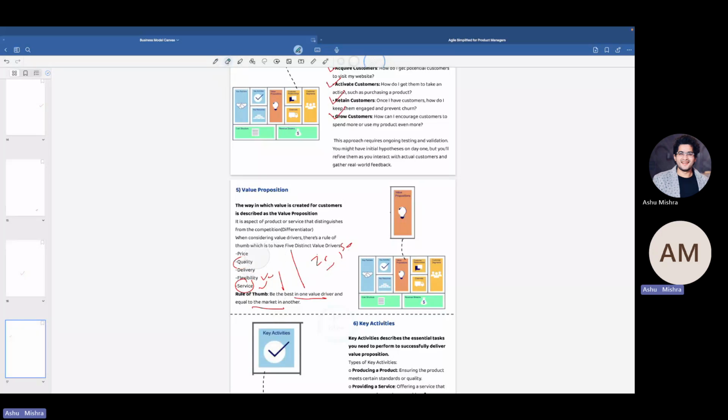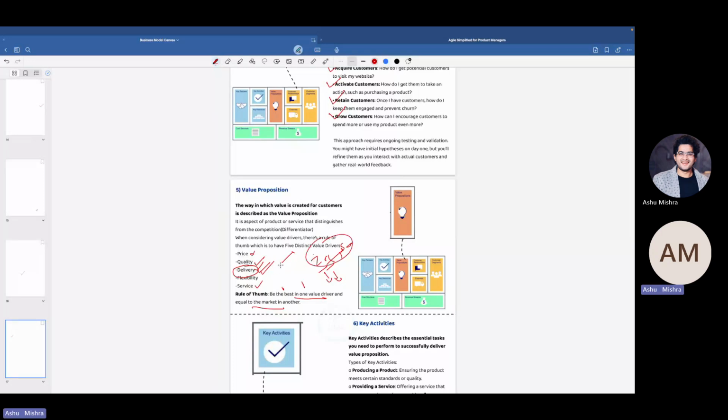Their value driver was delivery, that they would deliver in the fastest possible manner, right? They did not play on price, they did play on quality, right? They did play on service, but their moat was delivery only, right? And that's where Swiggy and Zomato started. However, as time passed, they started developing on price, quality, etc. However, still today, it has been more than a decade that these two companies have developed and formed.